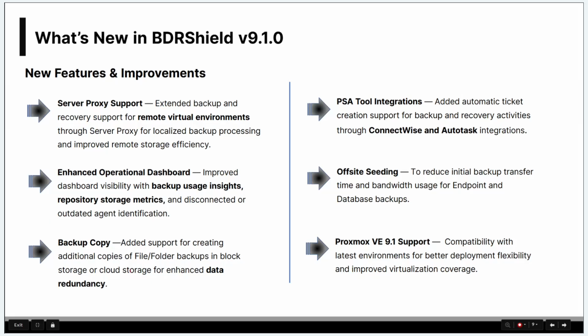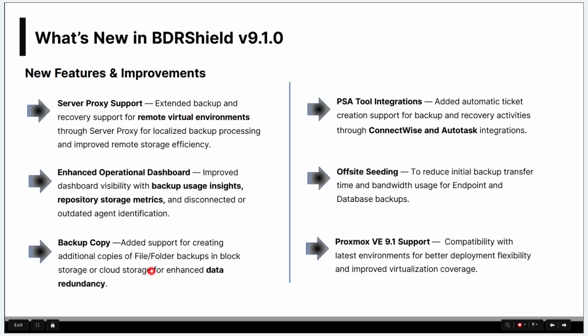Now, regarding the backup copy, for people who have been using the BDRShield on-prem management console, you must have come across the backup copy feature, because that enables you to have a copy of the backup data in a different location, and that could be a different storage medium as well. It could be a cloud, or it could be on-prem, whatever it is.